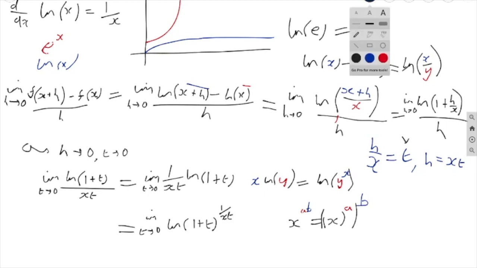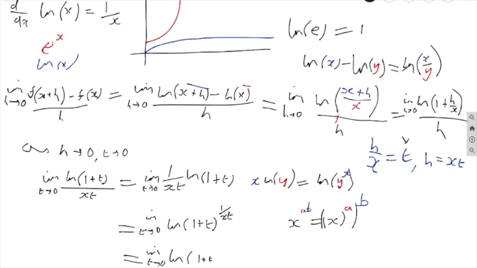What that means is that here, instead of 1 over xt, we're going to say that's the limit as t goes to 0 of ln of (1 plus t to the power of 1 over x), to the power of 1 over t.